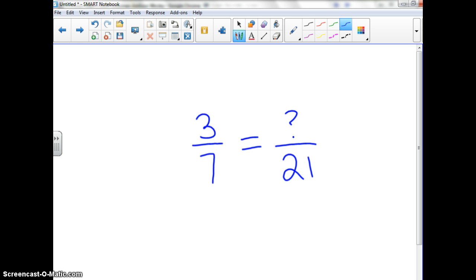So what you need to do is think to yourself, how did I get from 7 over to 21? Did I multiply or divide, Cole? Multiply. By what? 3. So the rule is what you do to one, you have to do to the other. So what would my numerator be, Sam? 9. It would be 9 over 21.